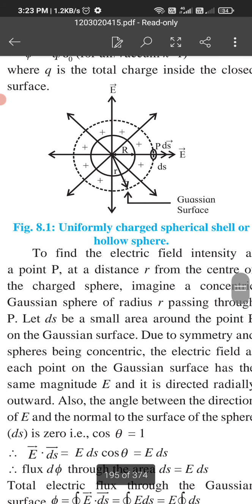So E vector dot ds vector is equal to E ds cos theta, but the angle between E and the normal to the sphere is 0, so cos 0 is equal to 1. So E ds cos theta is equal to E ds. Flux d phi through the area ds is equal to E ds.